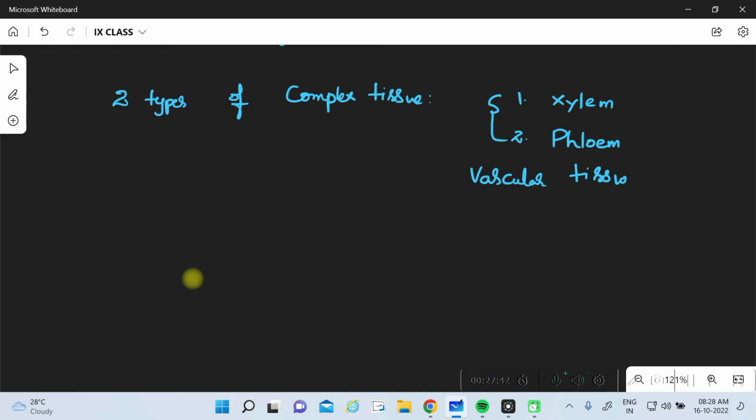Xylem and phloem are called together vascular tissue because they are located in the vascular bundle.